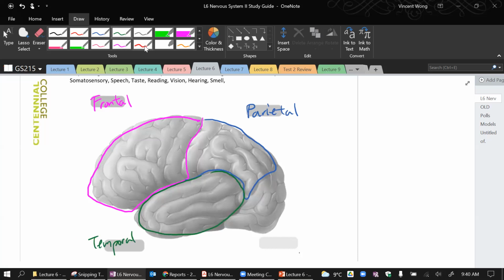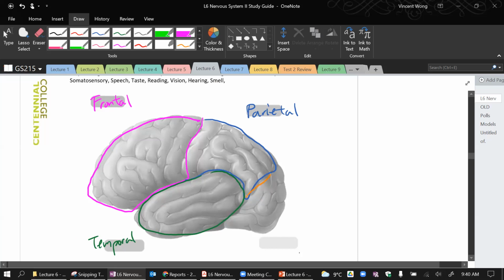Temporal lobe. And at the back, we have the occipital lobe. And then the fifth one is behind the frontal and the temporal lobe. It's called the insula, which we'll learn more about next class.